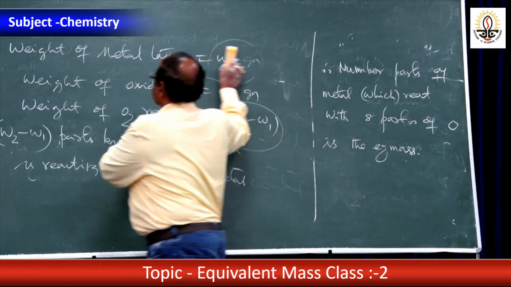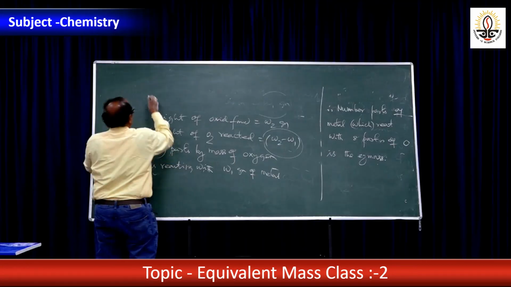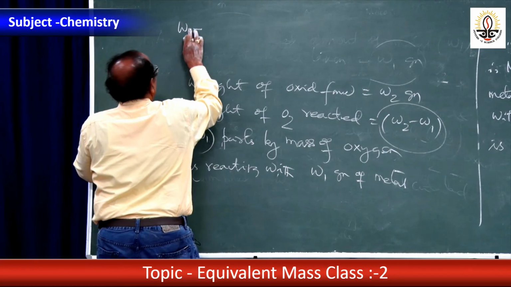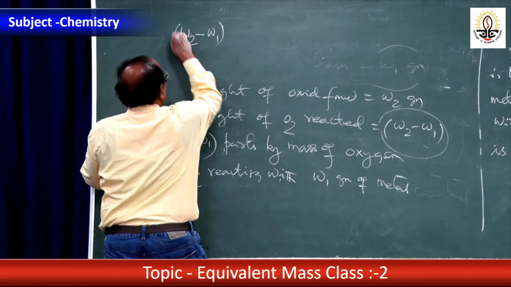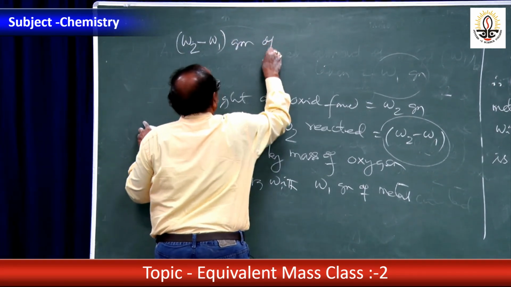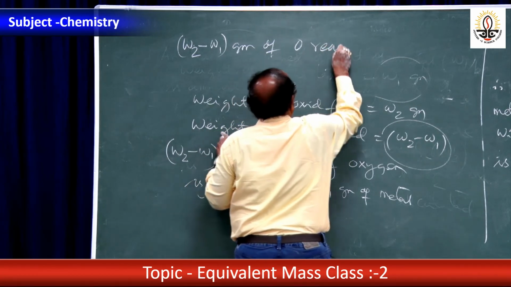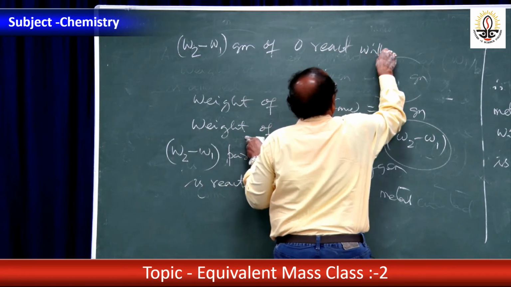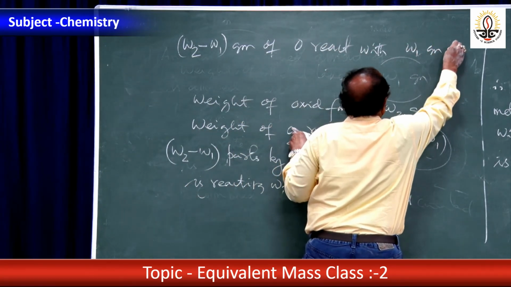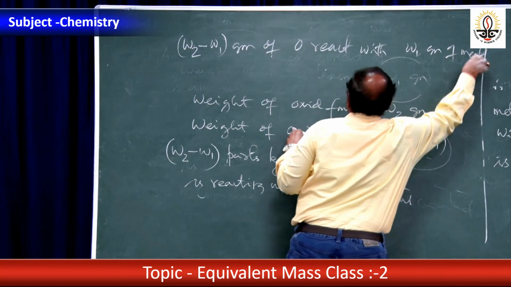So W2 minus W1 gram of oxygen reacts with W1 gram of metal.